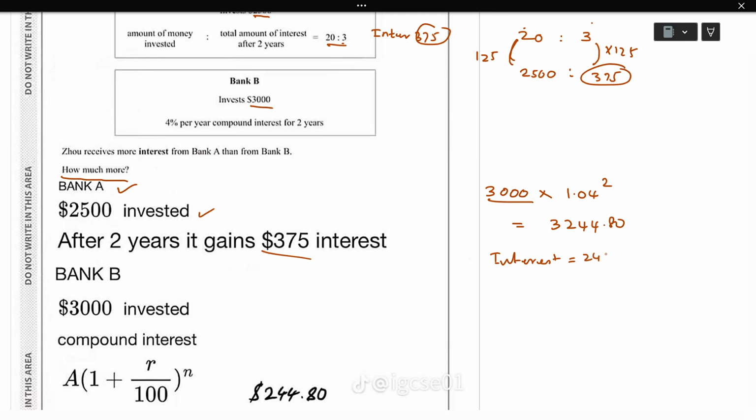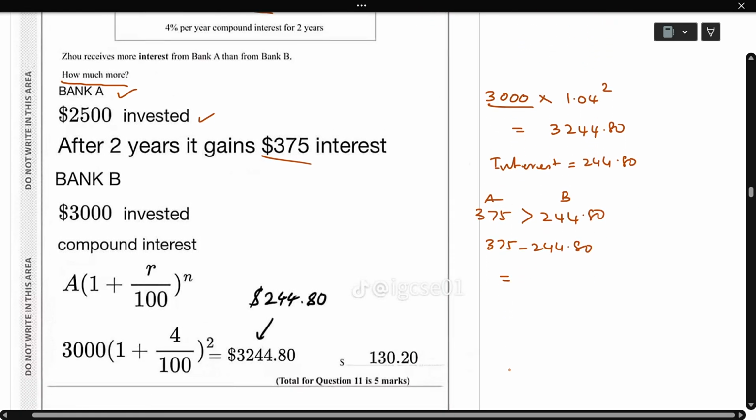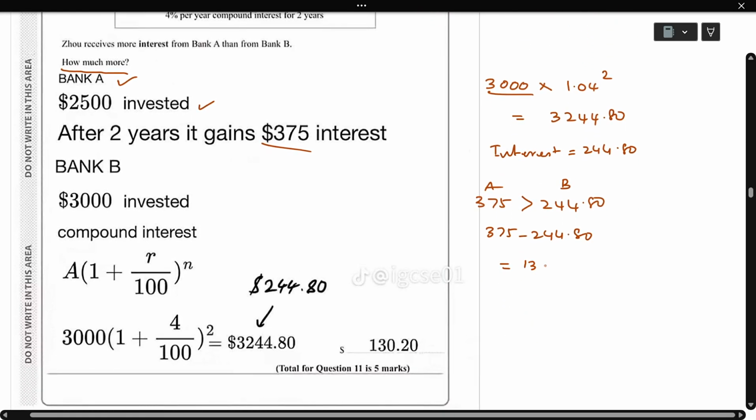Interest is 244.80. So obviously it's less. 375 is greater than 244.80, so bank A is more and bank B is less. By how much? We need to subtract 375 minus 244.80, which is 130.20. That is the answer here.